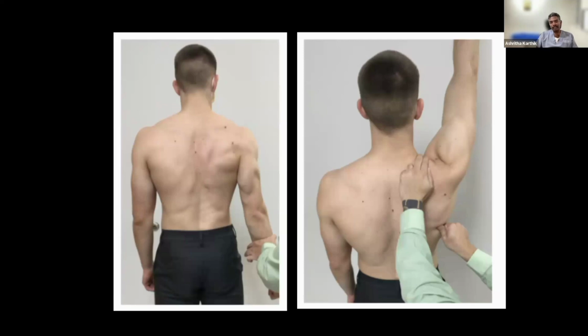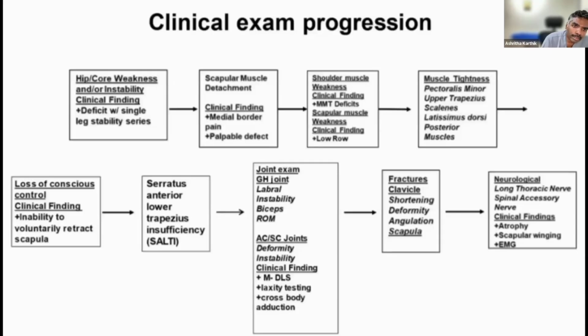And then next time when you take it to the flexed position, try to contract your gluteal muscles. If you can do it better when you contract your gluteal muscles, that means you have to strengthen the hip and gluteal muscles as well, and the core muscles. So this low row and scapular assistance will help you diagnose what the problem is.